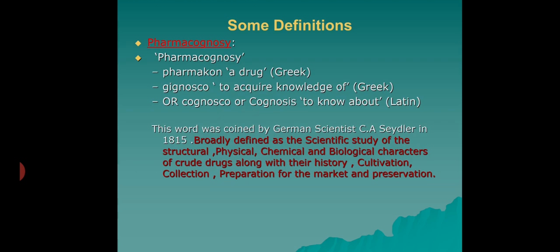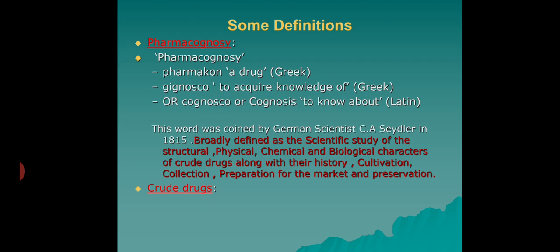But it was coined well by this fellow in 1815. Broadly defined as a scientific study of the structural, physical, chemical, and biological characters of crude drugs, along with their history, cultivation, collection, preparation for the market, which also includes knowledge about preservation.